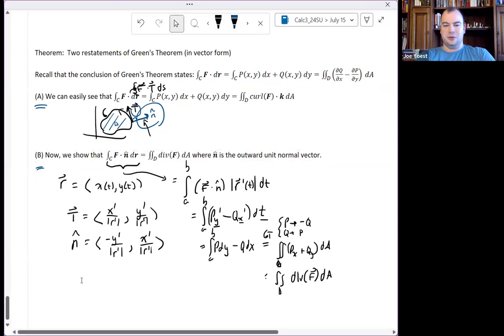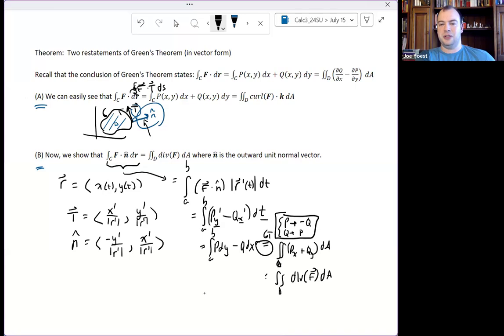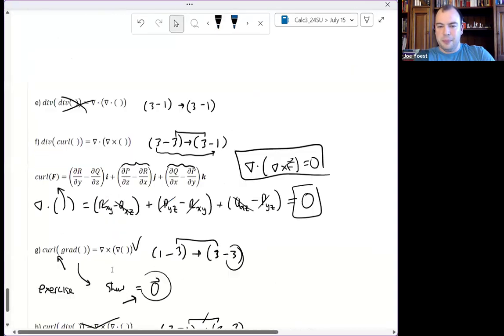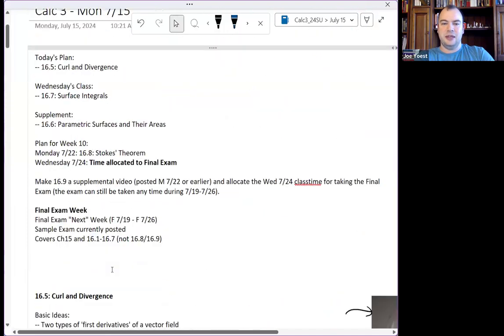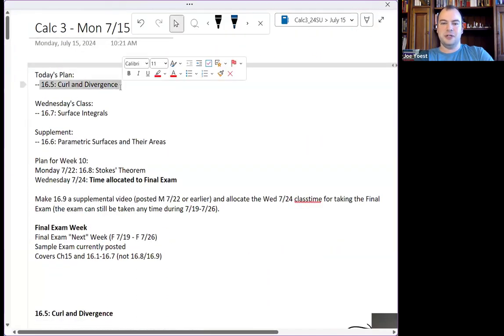I rushed through it because we're out of time, but this is just applying Green's theorem, swapping around some of the P's and Q's from our normal statement of Green's theorem. The main thing was to make sure that this normal points outward, just to get the sign in the right place. But okay, so that wraps up our discussion of curl and divergence.